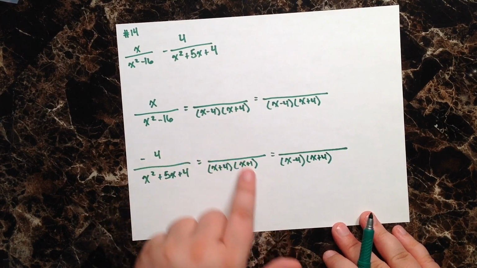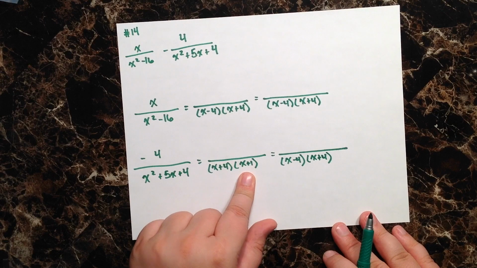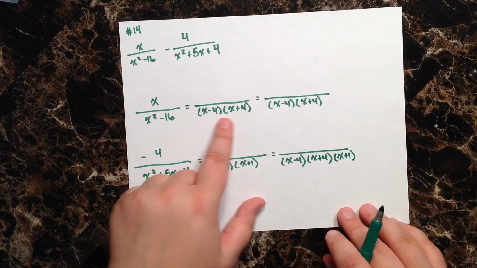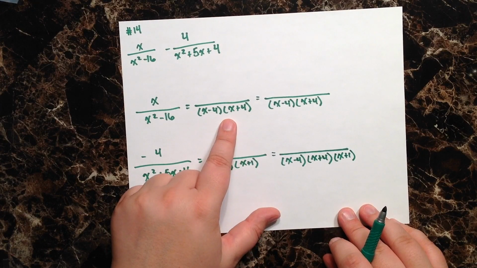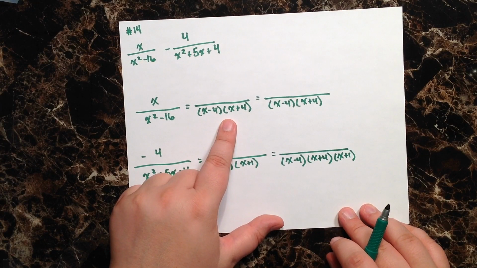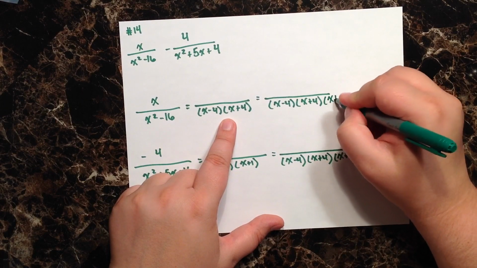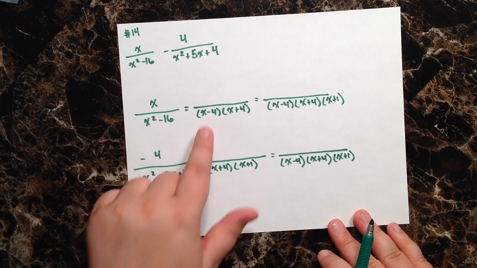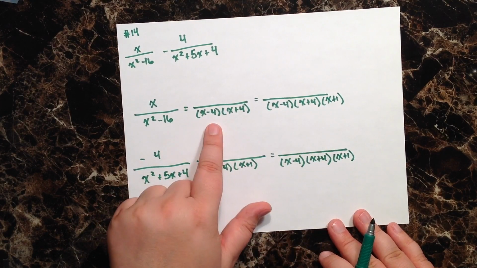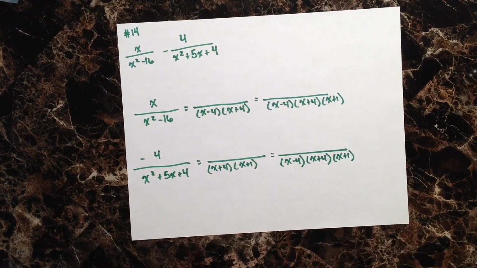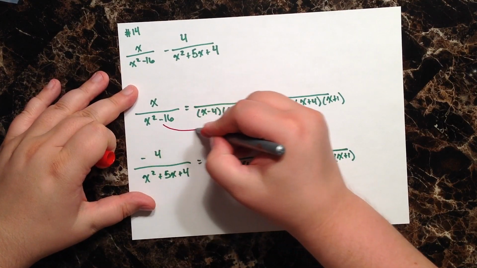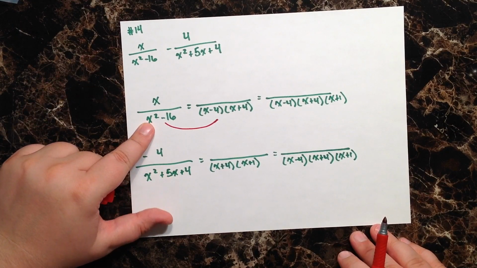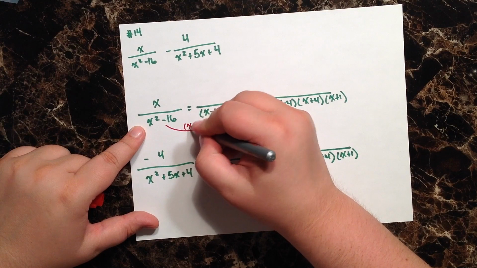I have an x plus 1 in the bottom denominator, so that has to be included. But I don't see an x plus 1 among the factors of the denominator in my first fraction, so let's make a note of that. Since I was missing an x plus 1, I have to multiply the denominator of my first fraction by an x plus 1.